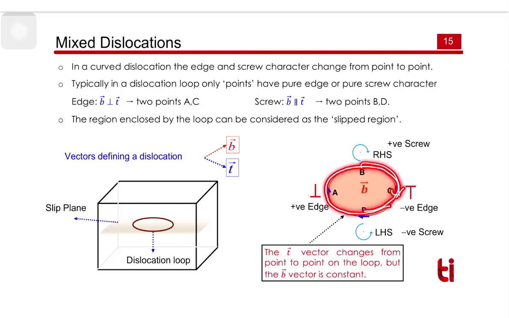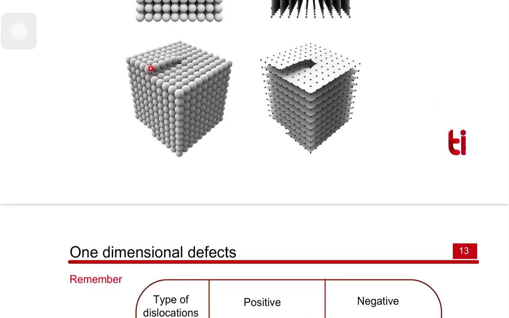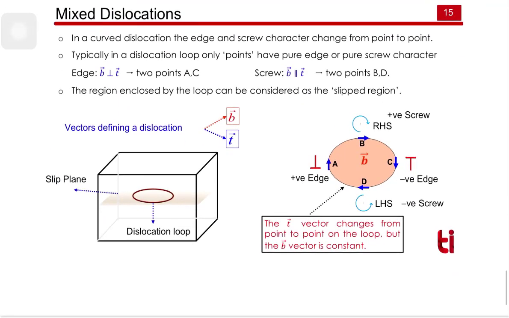So this is a kind of dislocation loop, and along the dislocation line, except at points. Except at points means here, this is the point. This is a pure screw dislocation. At this point, a pure edge dislocation. So between them, these are the pure edge and pure screw, but in between there is a mixed state of dislocations.